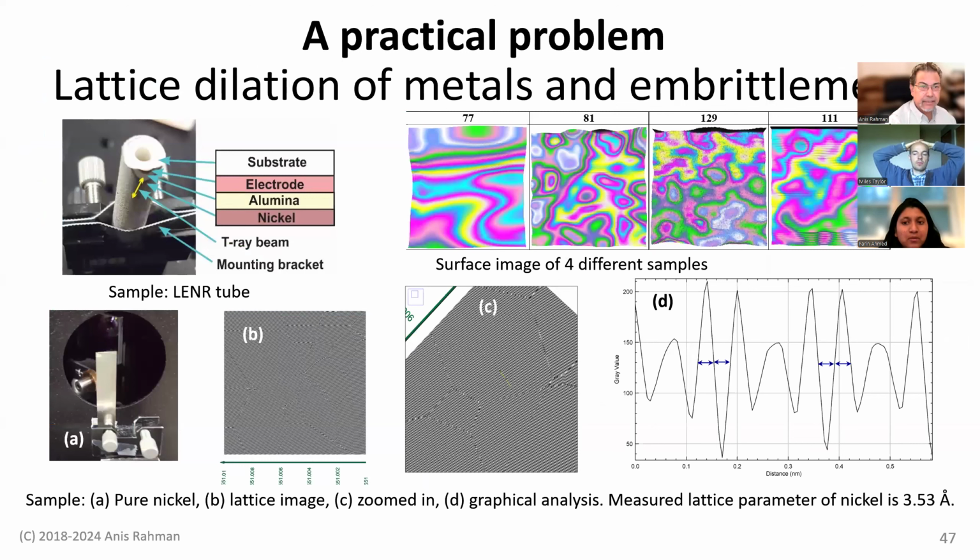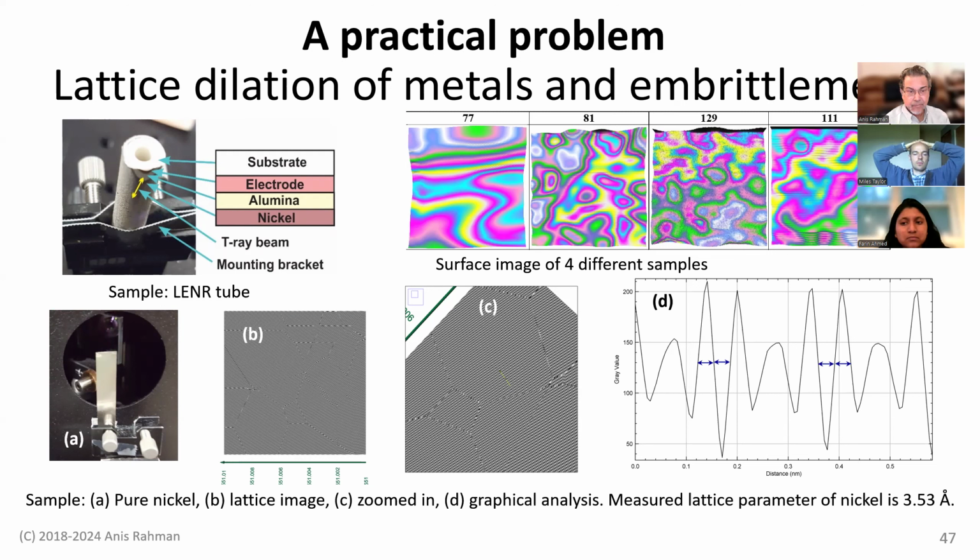A practical problem, again, this is a repetition, we did it last time: lattice dilation and embrittlement. Embrittlement is a big problem for all metallic objects, but the very beginning of embrittlement is the lattice dilation.